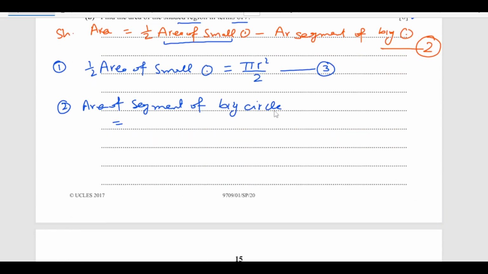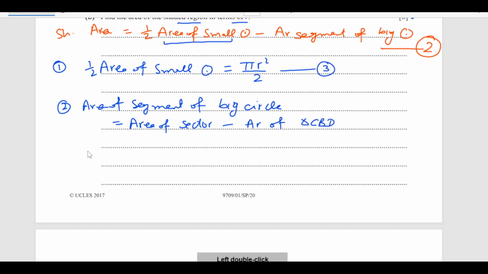So, area of sector, now we are talking about the bigger circle. I am not writing big and small as we have already written, we are talking about only the big circle now. Area of sector minus area of triangle CBD.